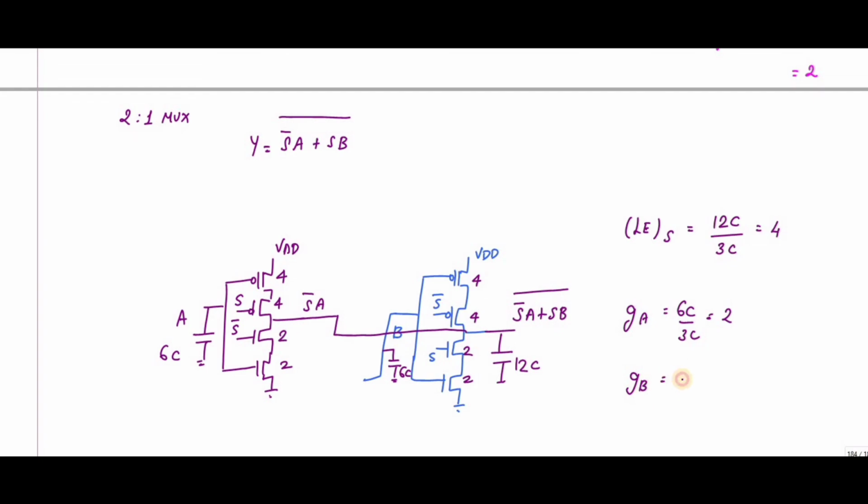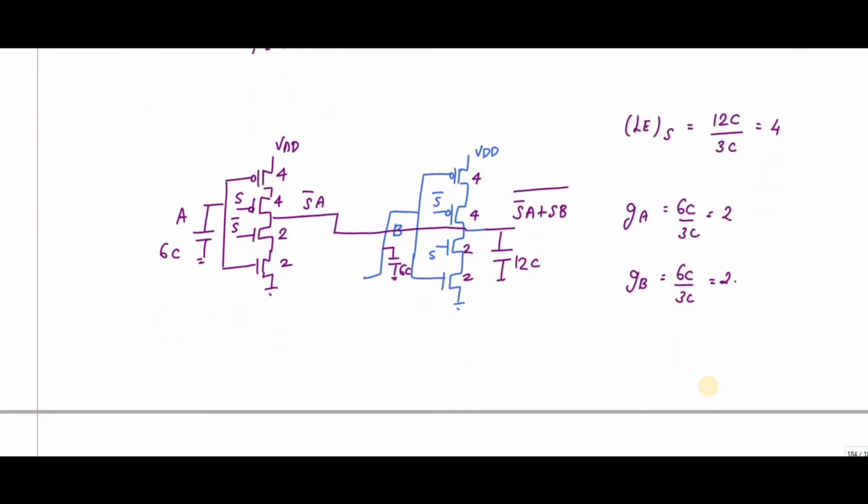In a similar way, for B it is 6C divided by 3C, that is 2. If I want to find the parasitic delay, it is P, which is 12C divided by 3C, the output capacitance over the input capacitance of the inverter. It is 4.